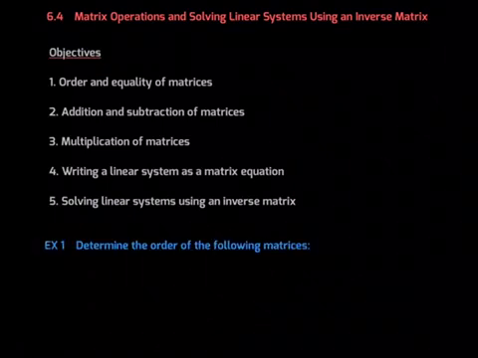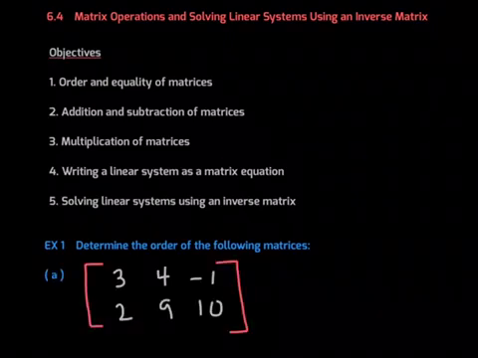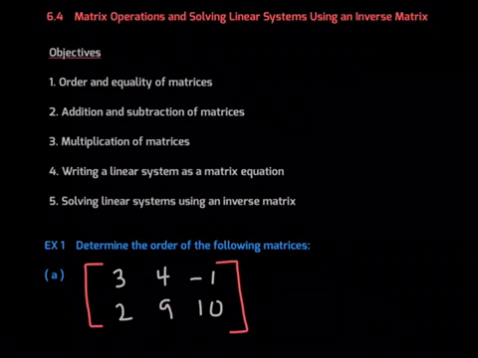Okay, example number 1, determine the order of the following matrices. Let's look at the very first matrix. All right, here is the very first matrix they want us to consider. And finding the order of a matrix is really straightforward here, folks. All you have to do is count how many rows by how many columns.